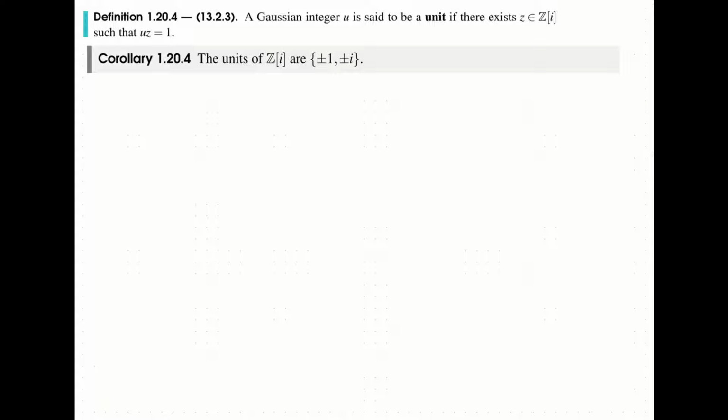So the way that we're going to prove this is by using the definition and the multiplicativity of the norm. Proof: let u in the Gaussian integers be a unit.